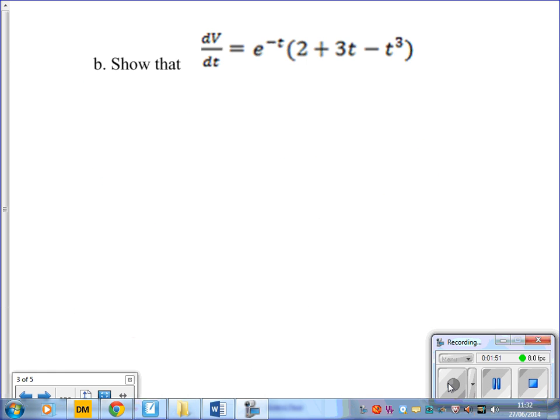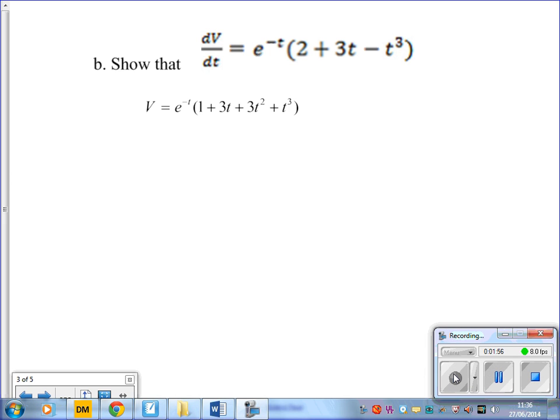Part B is a show that question, and we need our initial formula. I'm going to differentiate V using the product rule. So this part here will be my u, e to the minus t, and if I differentiate that, I'll end up with minus e to the minus t. Remember, the number in front of the t moves down to the front, and that's like having a minus 1 in front of it.